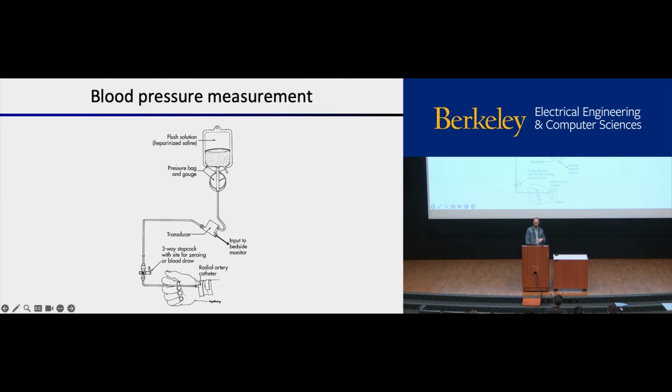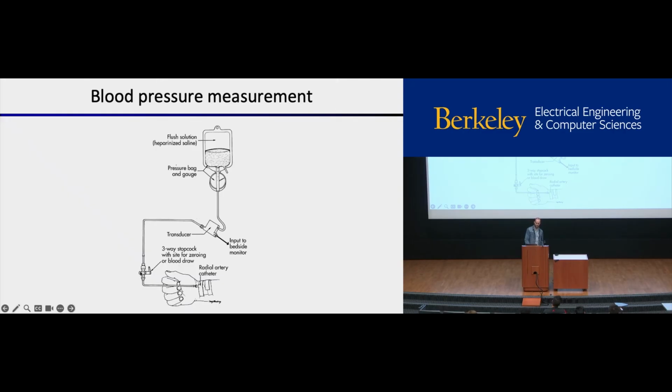Here's the stopcock that allows you to get blood out that way. Here's the tube where the fluid comes in from some bag. It's up in the air, so there's some pressure from it. And here is an input where the pressure is basically measured. Normally, this is measuring your blood pressure.